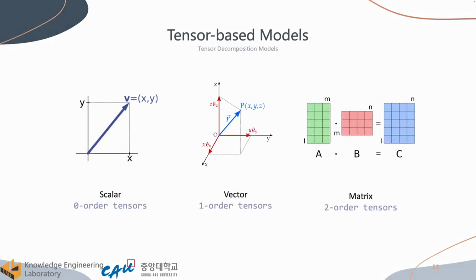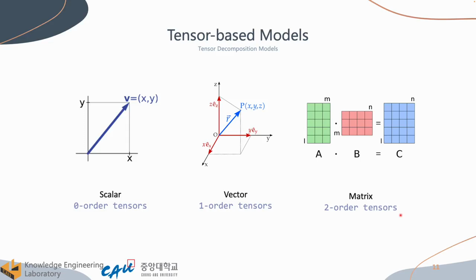And then we introduce the tensor decomposition models. Before that, we introduce the tensor. A tensor is a multi-dimensional numeric field that generalizes zero-order tensors, which are scalars. A vector is a one-order tensor, and a matrix is a two-order tensor.